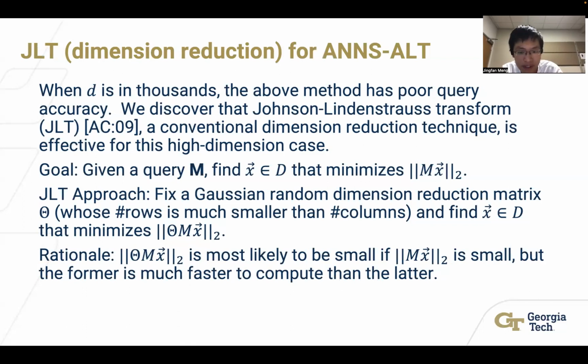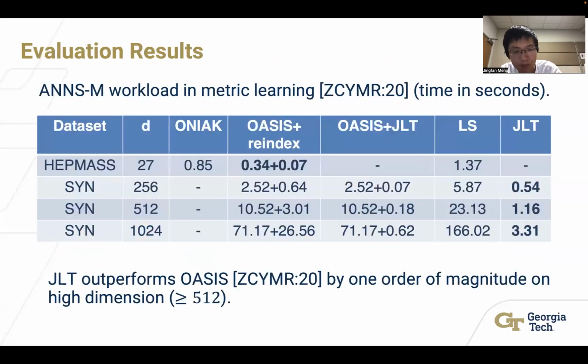Given this M, the query, we generate a Gaussian random matrix and use it to transform M. So this is M after dimensional reduction in place of M. We have shown that this dimensional reduction is very effective, in that the data points and the nearest neighbors are most likely preserved, but it is also very much faster than directly computing this MX.